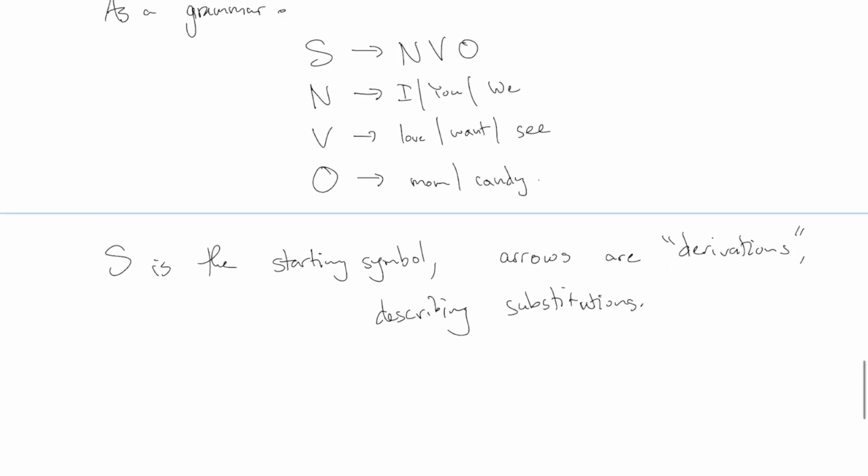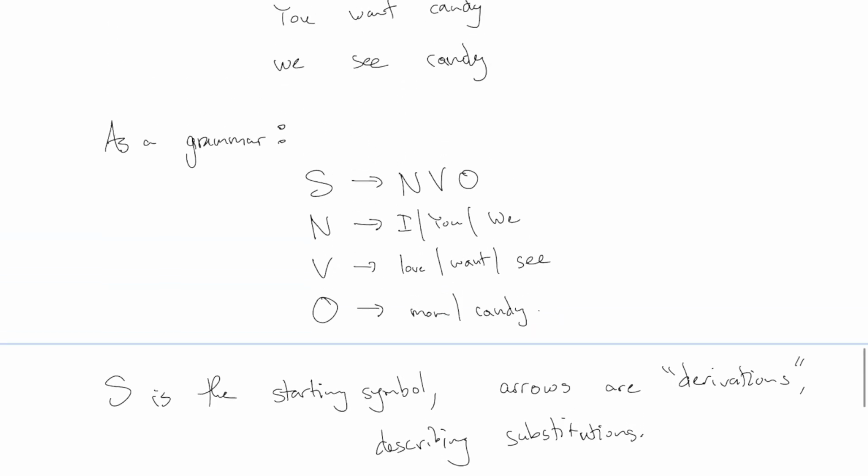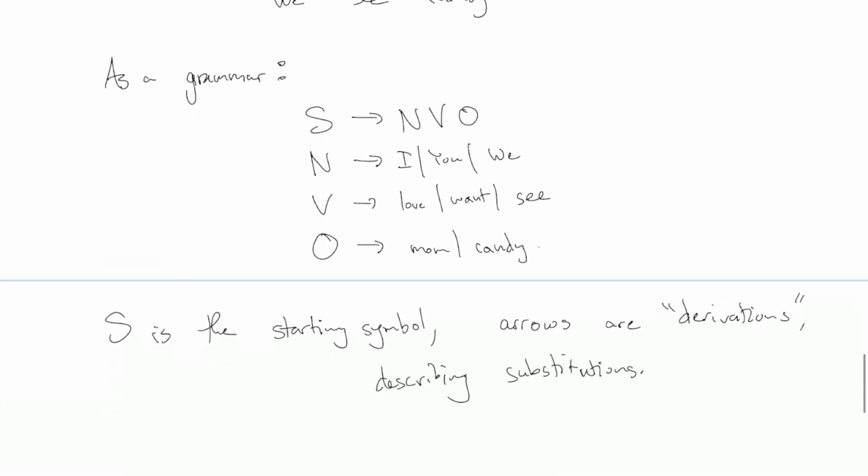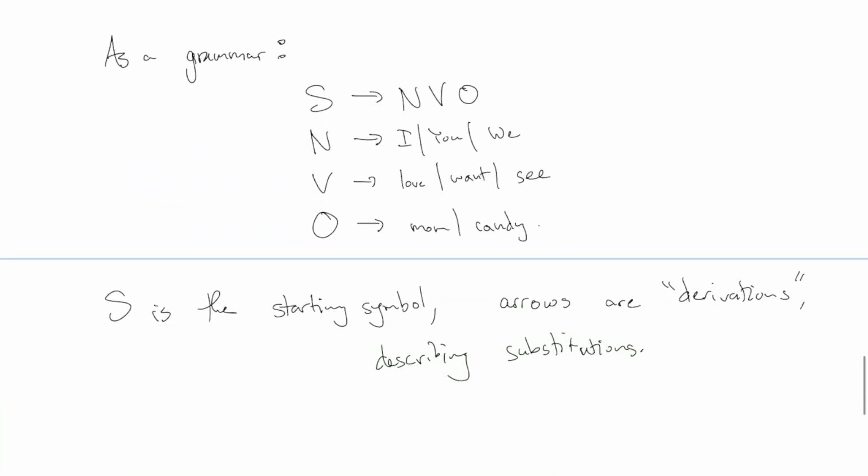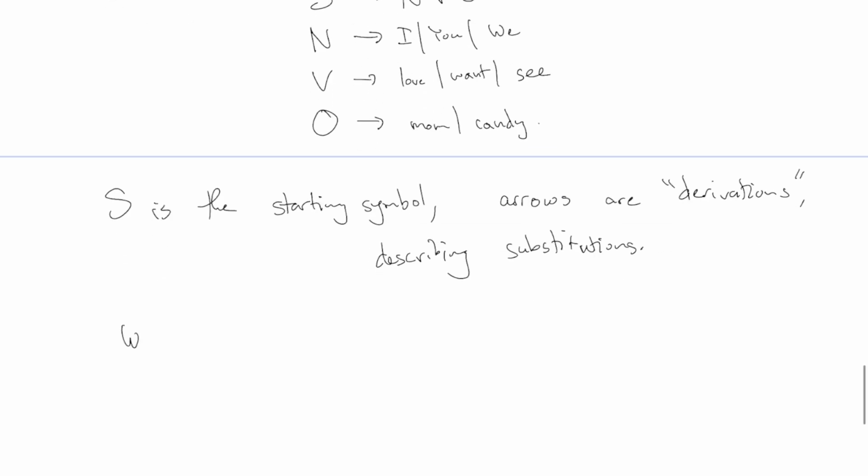And for a given real-life sentence, like up there it says, I love mom, or I want candy, we can derive it. Every derivation must begin with the starting symbol.